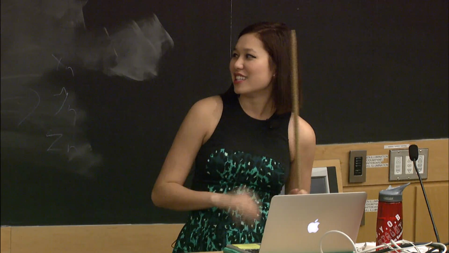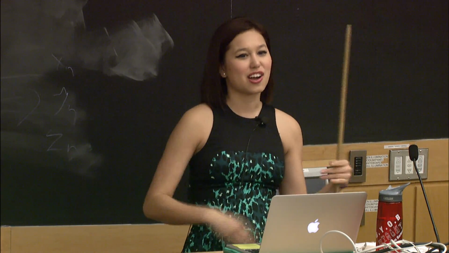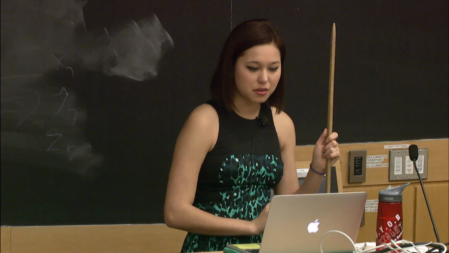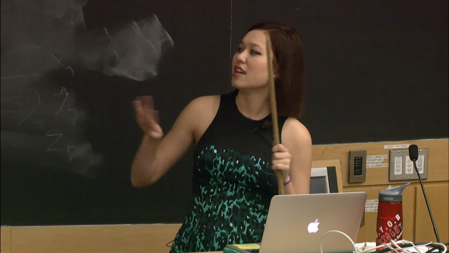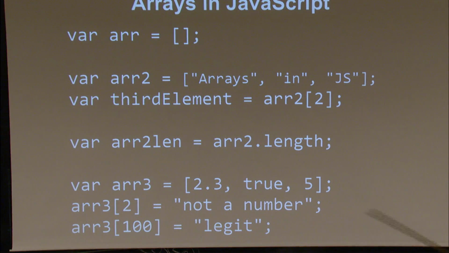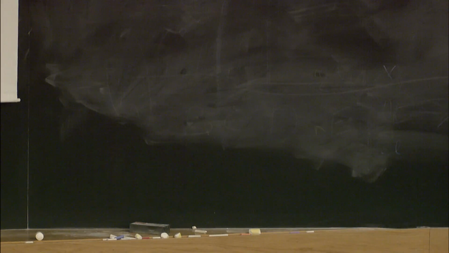For now, let's just assume your arrays are basically like C arrays in that they are 0 indexed. You can also just extend an array to whatever index you want, whereas in C this would probably segfault on you or give you some error. JavaScript is like, nah, it's fine, I got this. We'll just go straight where you want to.